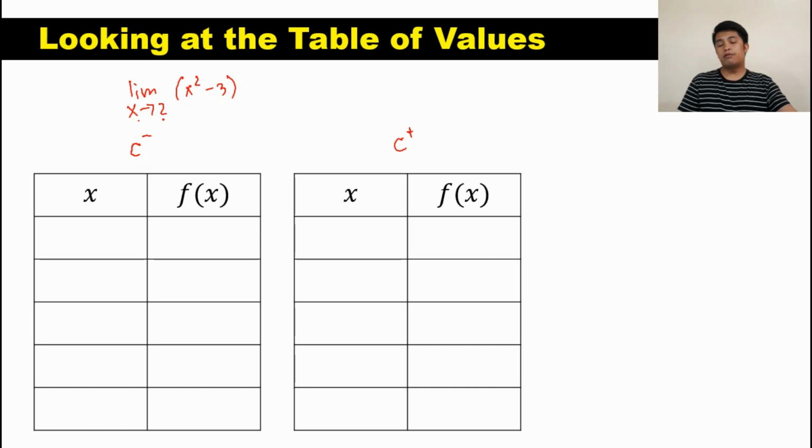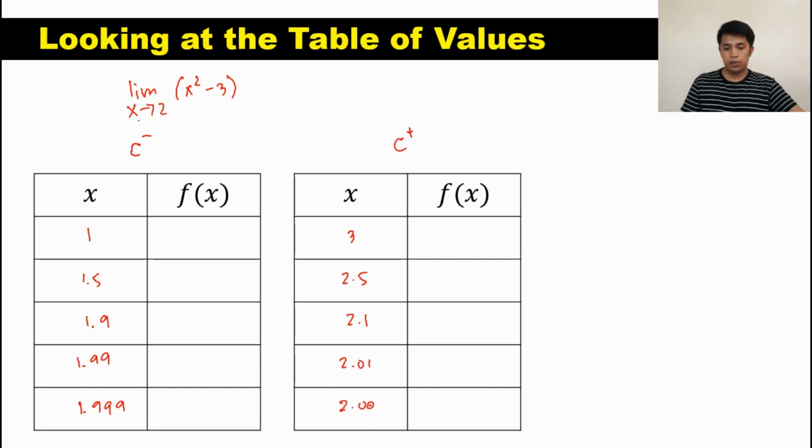So unsa ang values that are less than 2 but approaching 2? Pwede ta magsugod kang 1, then 1.5, 1.9, 1.99, and 1.999. Dito sa positive, we start with 3, then 2.5, 2.1, 2.01, 2.001. So what we did here is list down values that are approaching 2 from both sides, from the left and from the right.